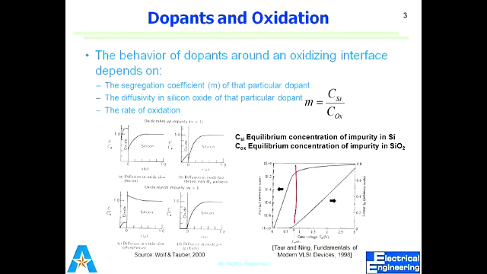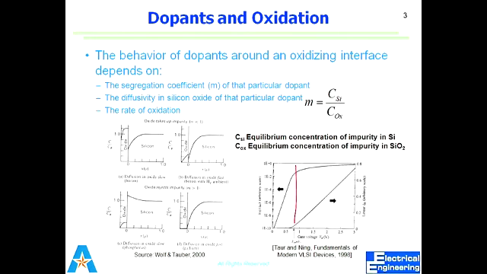So the concentration of that impurity would be higher in silicon dioxide as compared to in silicon. More of the dopant is being accommodated inside the silicon dioxide, so the impurity concentration in silicon will go down.